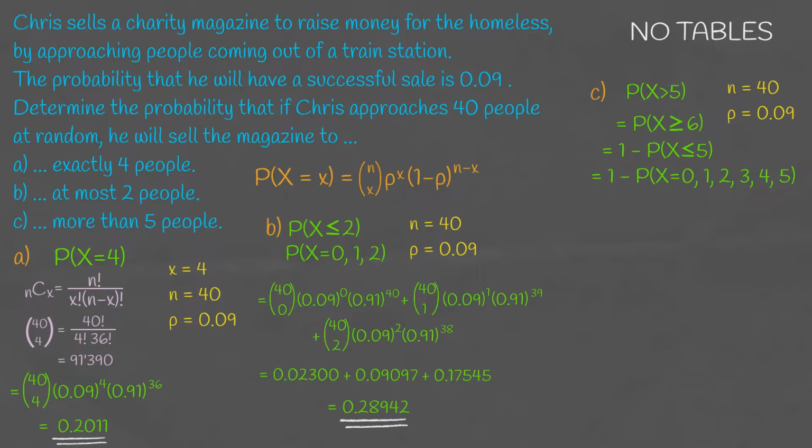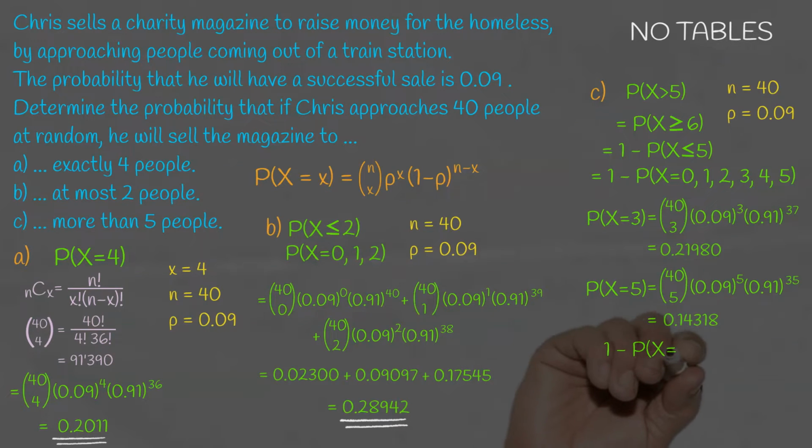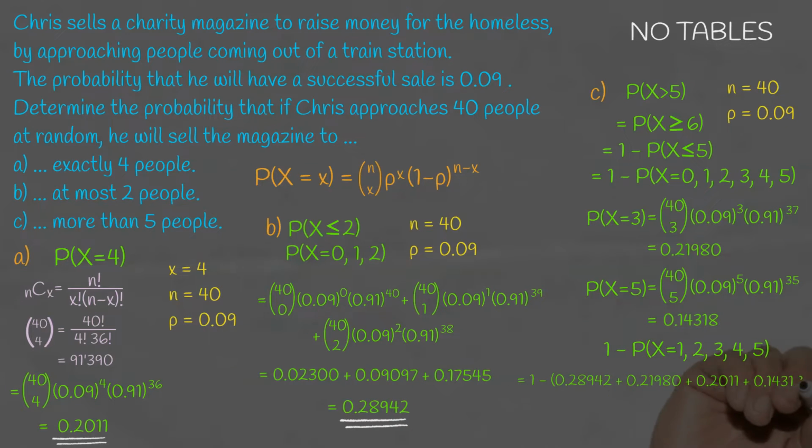Well, we've already worked out the probability for x equal to 0, 1 or 2 in part B, and we've already worked out the probability that x is 4 in part A. So we just need to work out the probability that x is 3 or x is 5, and subtract them and the previous results from 1 to get our answer, which is 0.1465, and that is all worked out with no tables.